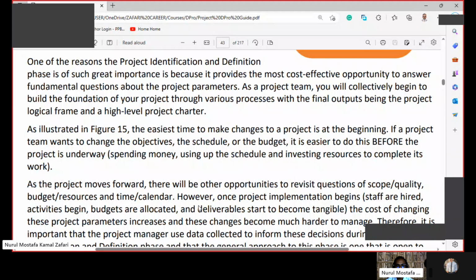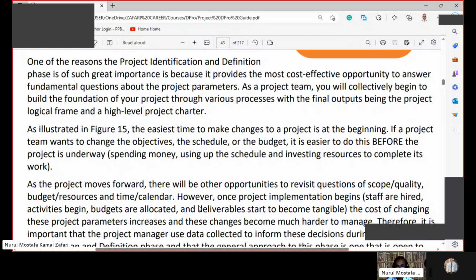If a project team wants to change the objectives, the schedule, or the budget, it is easier to do this before the project is underway, spending money, using up the schedule, and investing resources to complete its work. As the project moves forward, there will be other opportunities to revisit questions of scope, quality, budget, resources, time, or calendar.